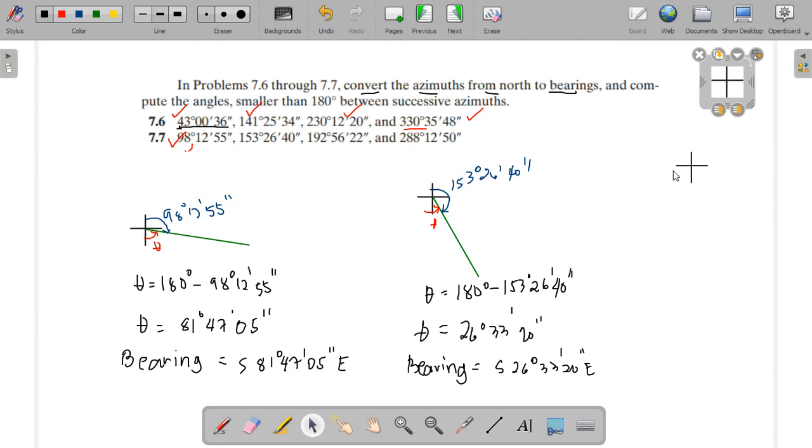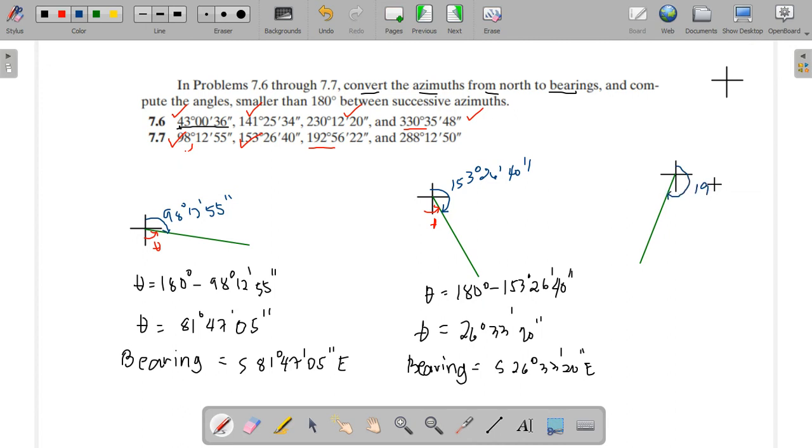So we have 192. So this is greater than 180 degrees. So 192. Okay, so this is coming from the north.